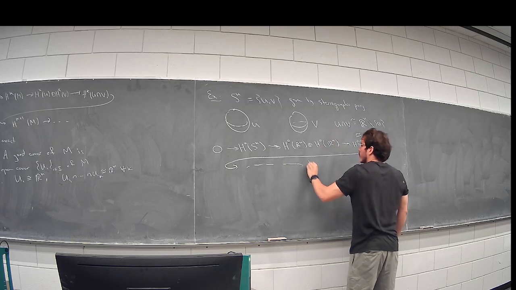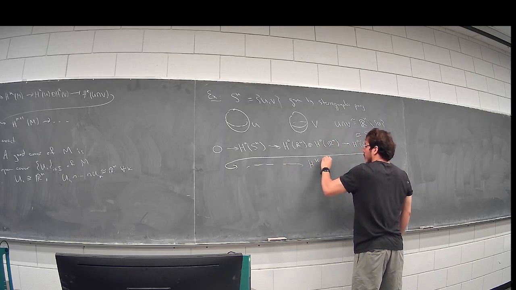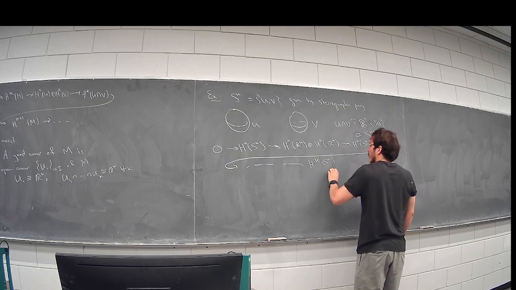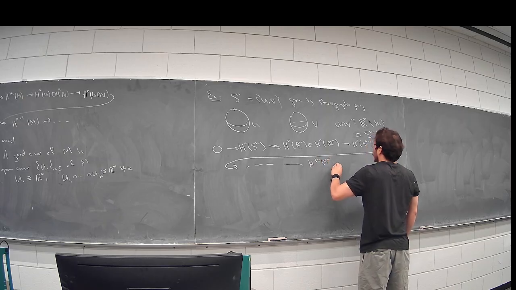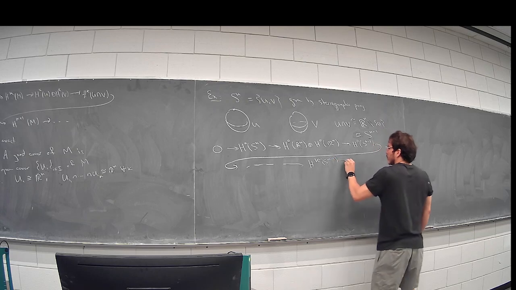So you go to the kth one, HK, and then K minus 1 of S^(n-1), HK.